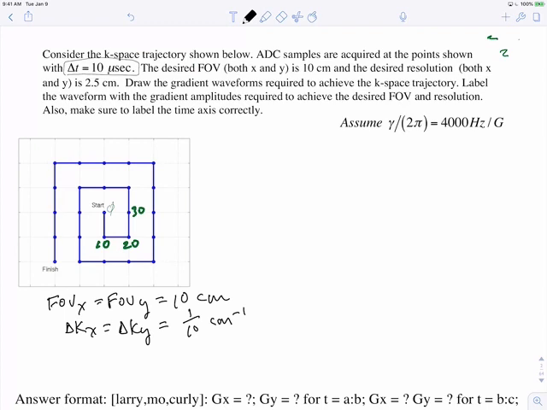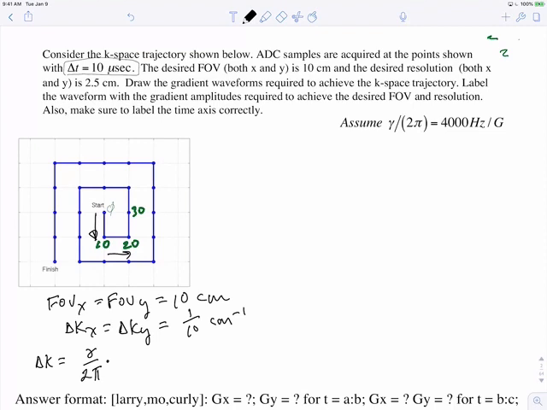Then the next thing we have to figure out is the delta K is going to be equal to gamma over 2 pi. And what we notice is also here, in every time step we take, we're just either moving a delta Ky or a delta Kx, right? So we just have to figure out one delta K, right?